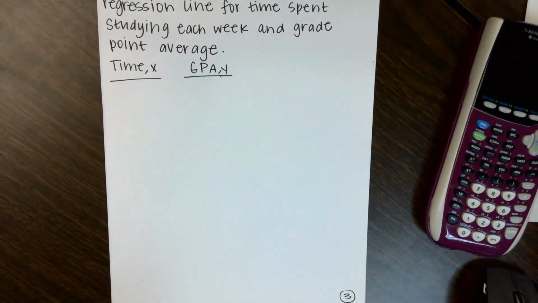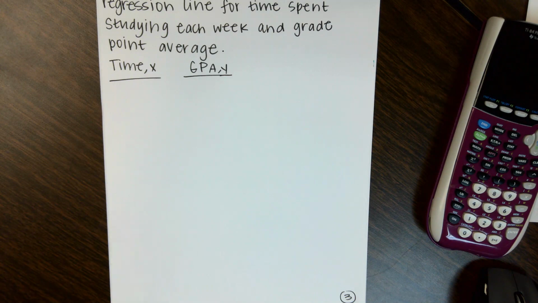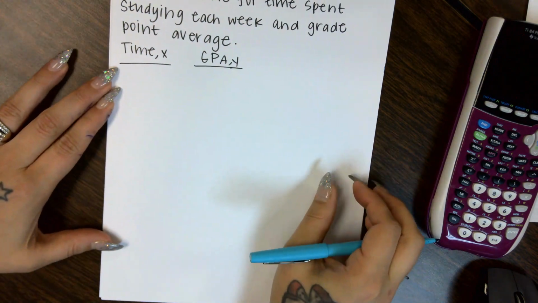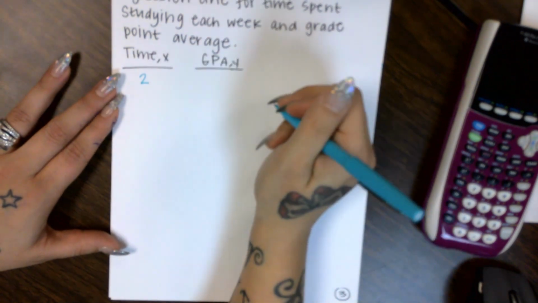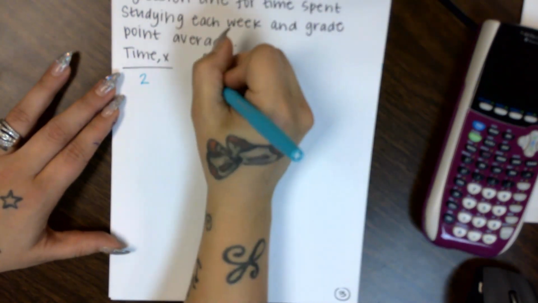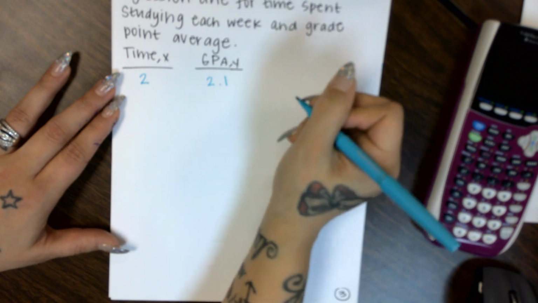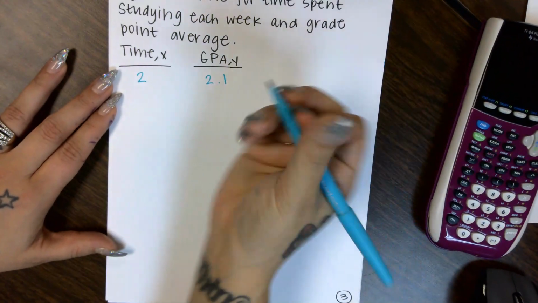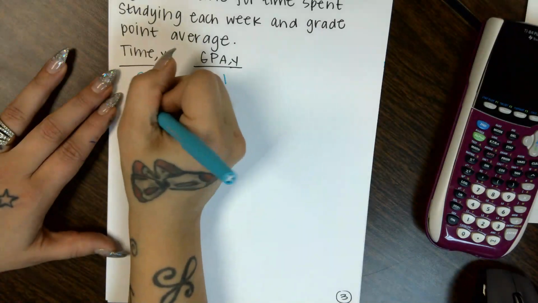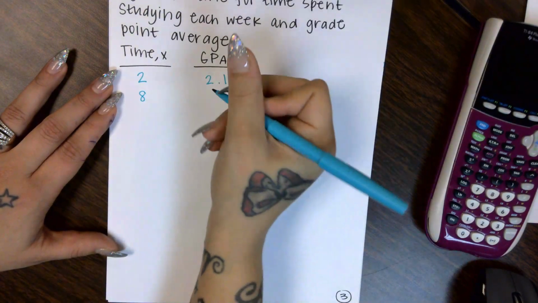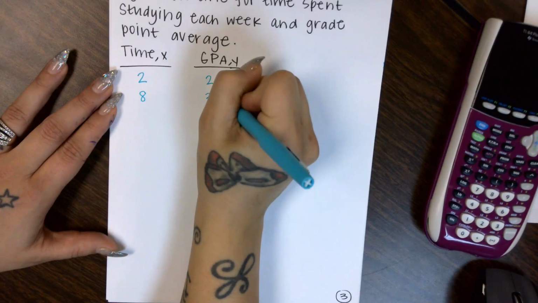Okay, so I've got time spent. The first student that I asked, they spent 2 hours a week studying, and their grade point average was a 2.1. And then the time spent for the second student that I asked was 8 hours a week, and their grade point average was a 3.2.